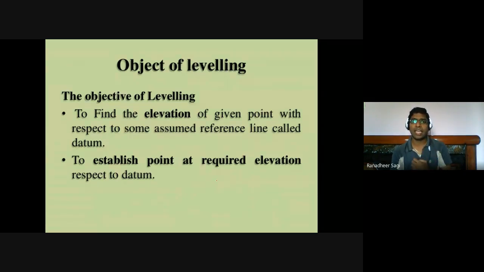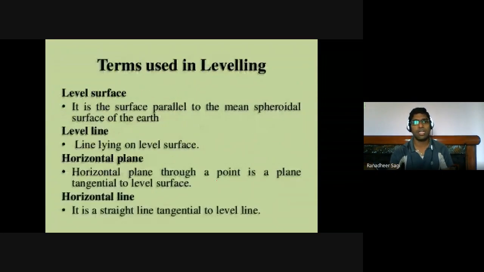I repeat, I can find out the elevation of a particular existing point, and second, I can establish a point with some required or known elevation. These two are what we are ultimately going to carry out in leveling.